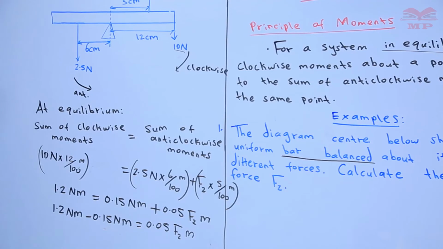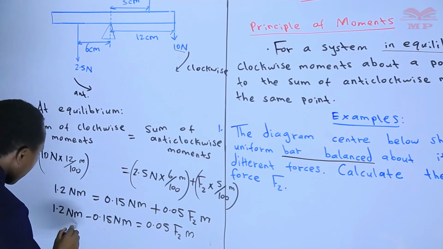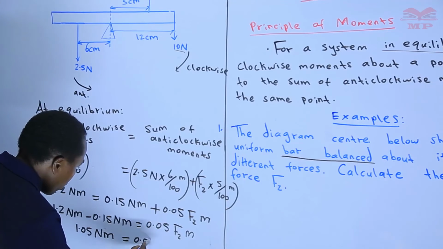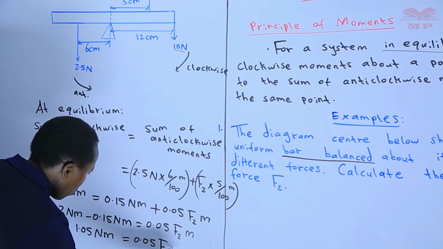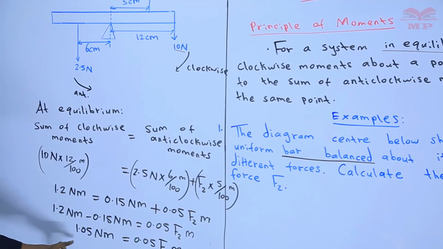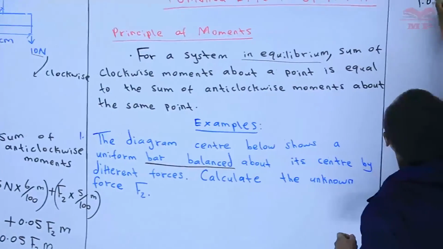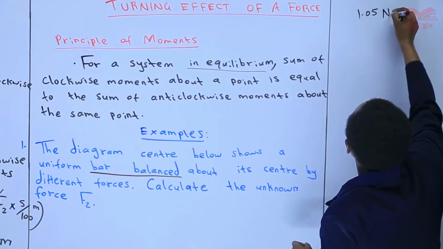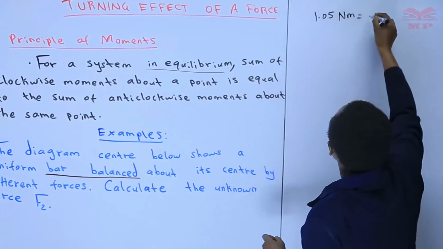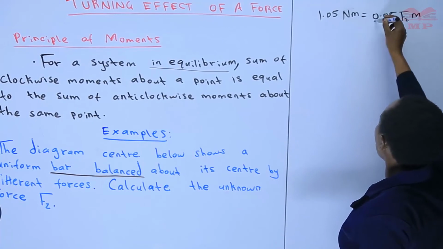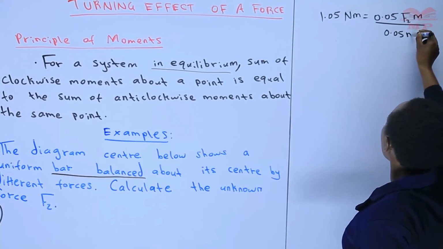So we can subtract 1.2 minus 0.15. We get 1.05. 1.05 Newton meters is equal to 0.05 F2 meters. So remember, we still want to get the value of F2. To get F2, we divide both sides by 0.05 meters.